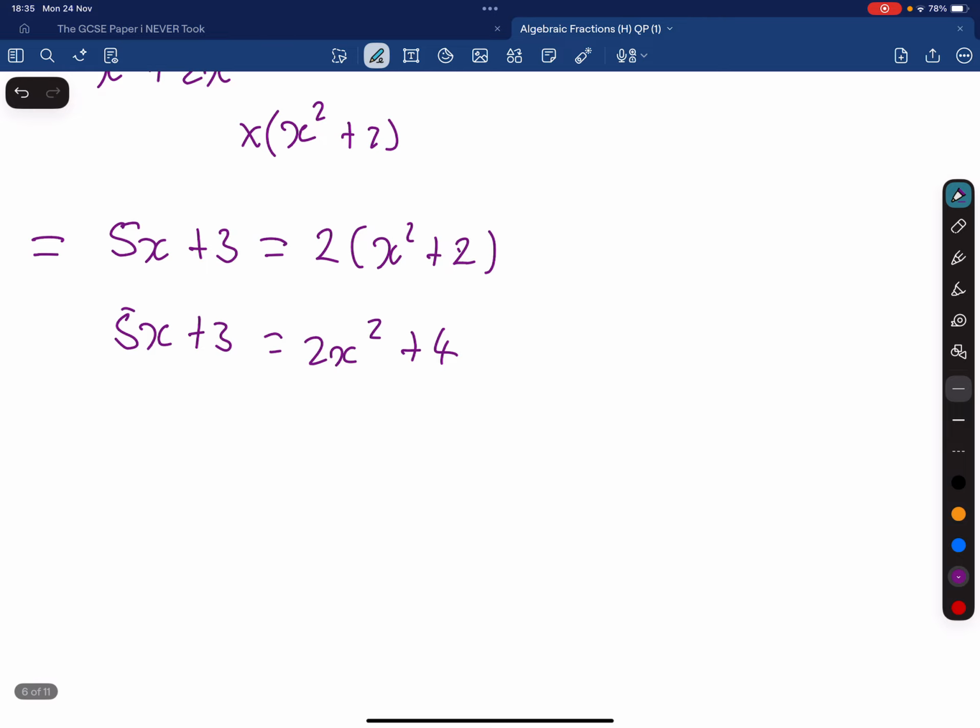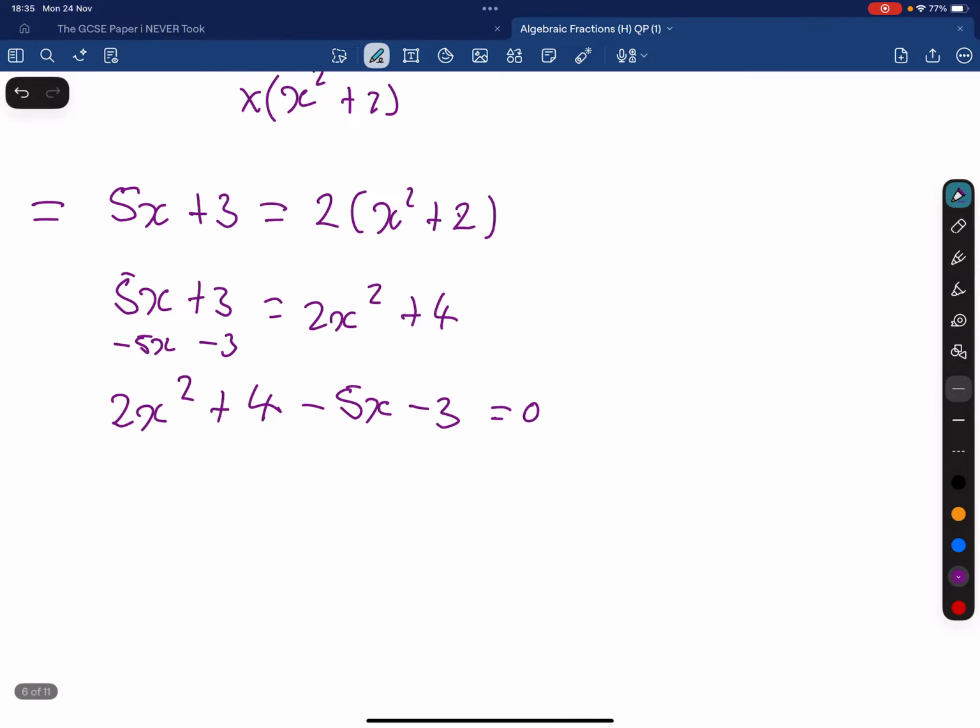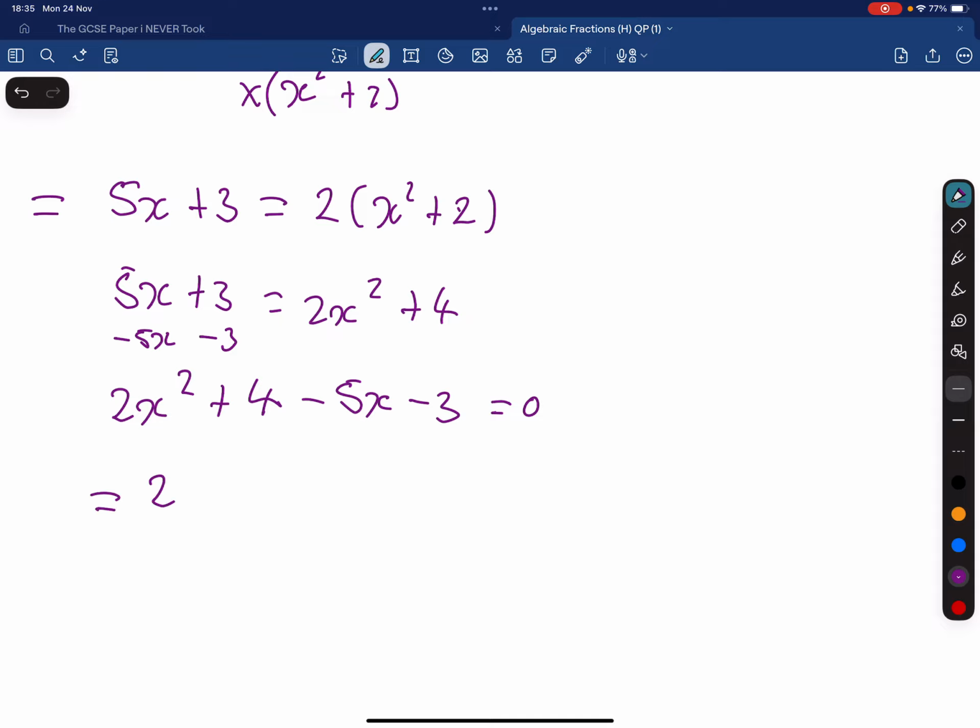I need to make one of the sides equal to 0, so I'm going to make the right hand side equal to 0. Therefore we have 2x squared plus 4 minus 5x minus 3, and that is equal to 2x squared minus 5x plus 1, which is equal to 0.